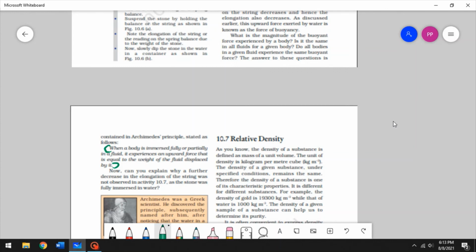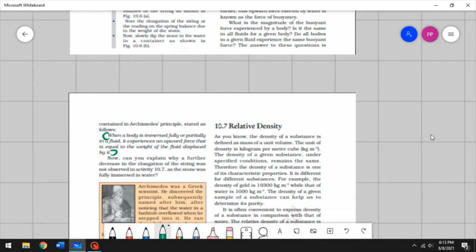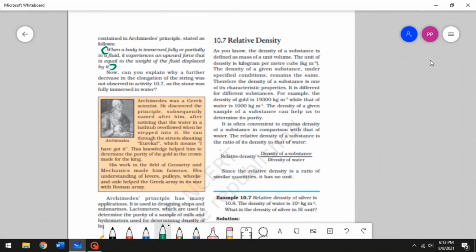Alright, so now can you explain why a further decrease in the elongation of the string was not observed as the stone was fully immersed in water? Yes, you can, right? When the stone is fully immersed in water, there is no more chance for the stone to displace more fluid. And when there is no more displaced weight, there is no more increase in buoyancy acting on the stone.